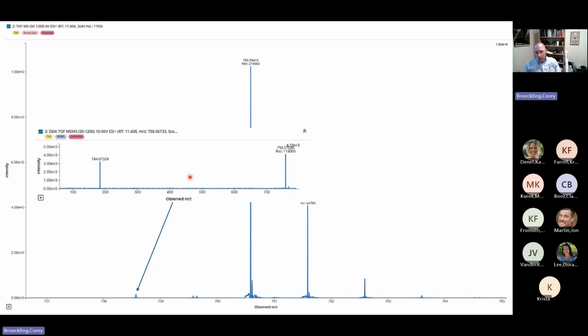So the speed that we're using to acquire these MS/MS is great, but it wouldn't be valuable without the sensitivity and selectivity, and we're still able to get both of those, even at 20 hertz in this particular test.